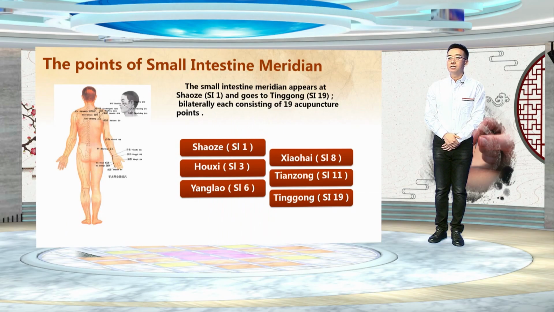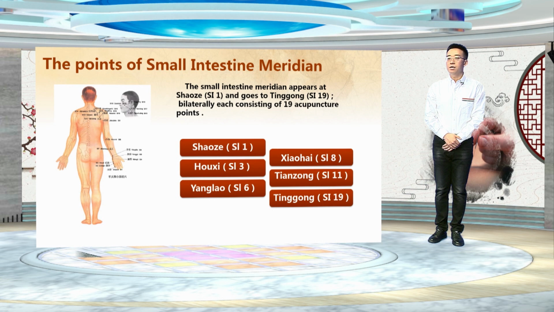The first 2 aspects have been studied. Now, let's learn the third aspect, the points of the small intestine meridian.